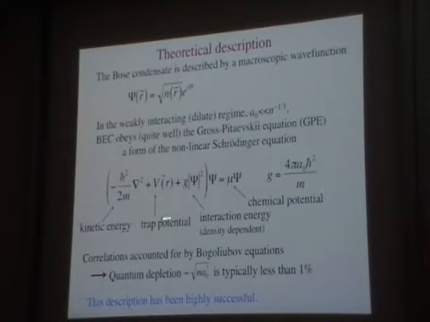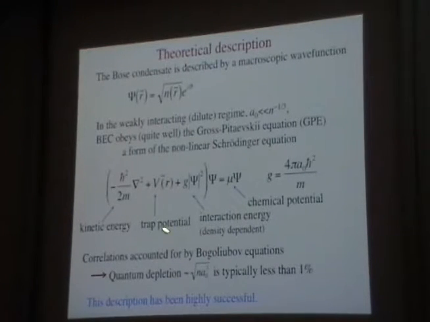If you want to know something about the correlations between the particles, you can do a linear expansion of excitations in the system, which obey the Bogoliubov equations, and you can find out what the correlations are. But because this parameter, Na cubed, it should be cubed actually, is typically much less than 1%, you don't typically have to worry about the correlations between the particles.